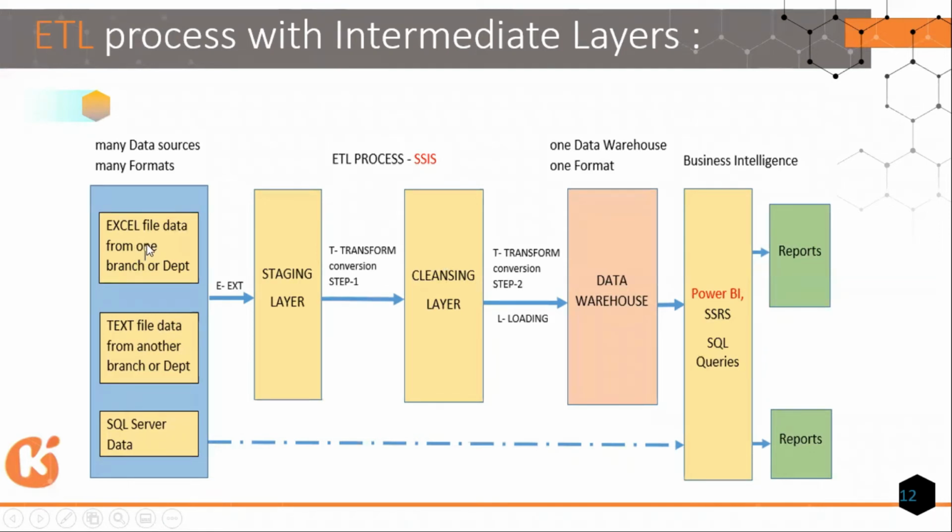First we read from the source and write into layer 1, that is the staging layer. Next we read from the staging layer, again apply some conversions, and write the result into the next layer, that is the cleansing layer. Again we read the data, process it, and write into the data warehouse. Like that, we have to follow a layer by layer, step by step approach. It is not possible to convert in one step.